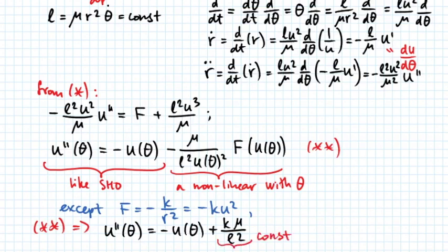So we see only when the force is proportional to the inverse radius squared that the orbit equation becomes very simple and will close on itself.